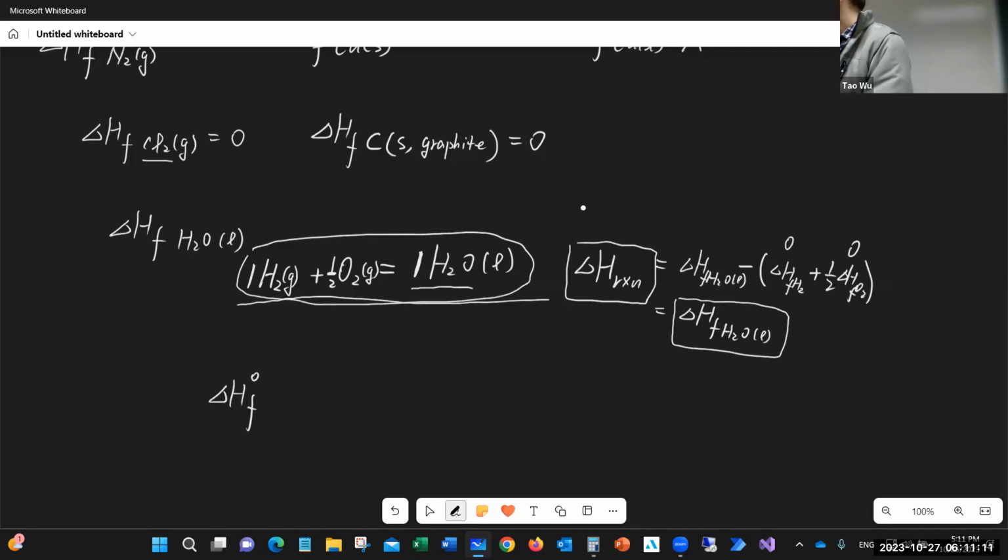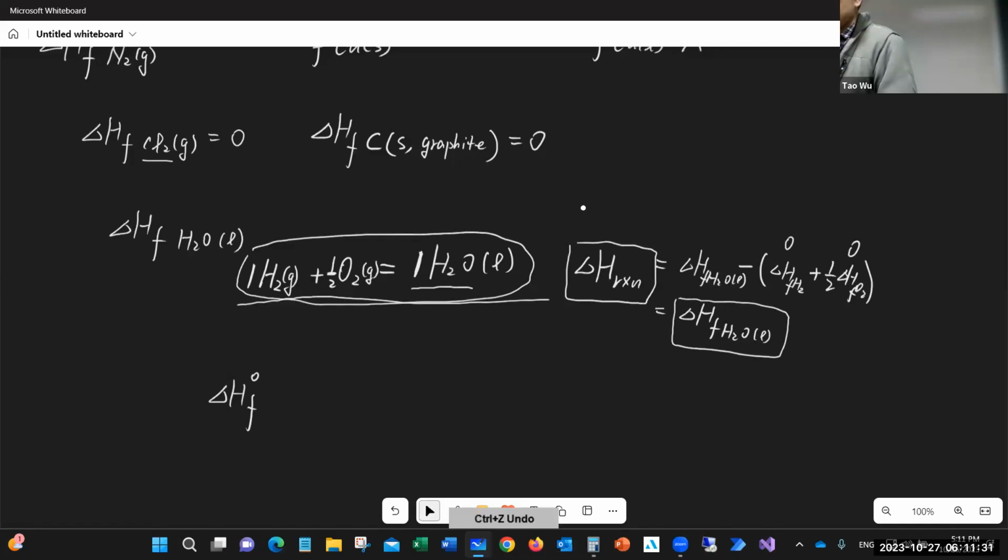There are diatomic elements, there are metals. Elements at 25 Celsius, 1 atmosphere, in their most stable form. Those are 0. So this is by definition.